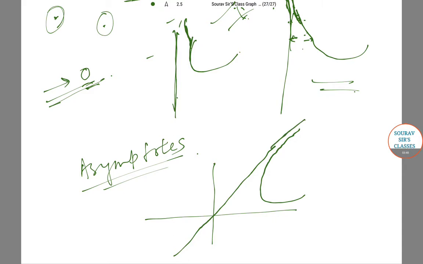Now the distance is going to 0, but these two never touch each other, so it is the asymptote.